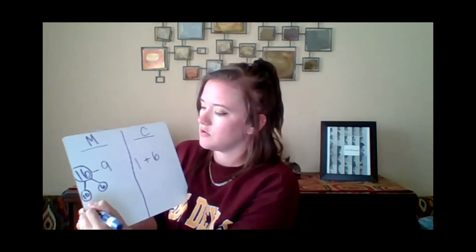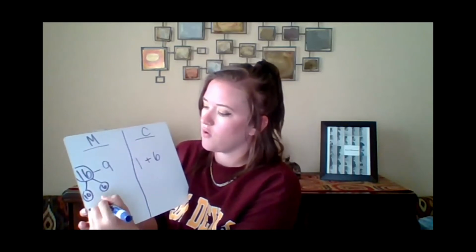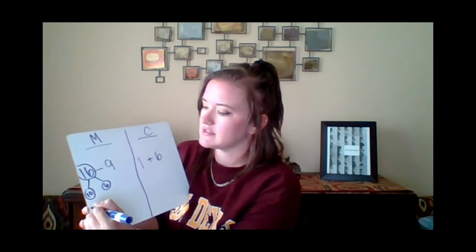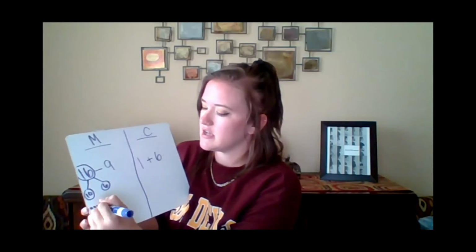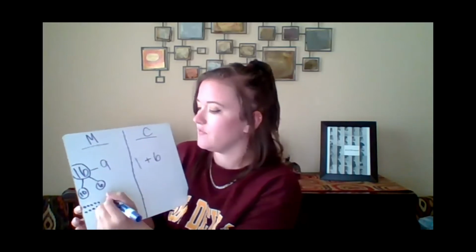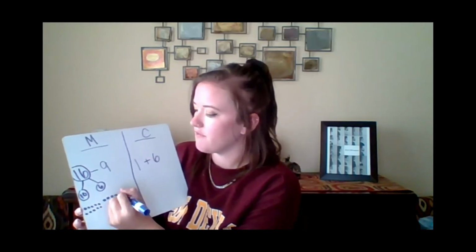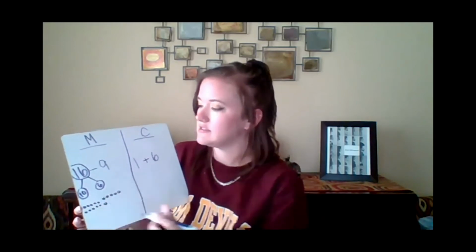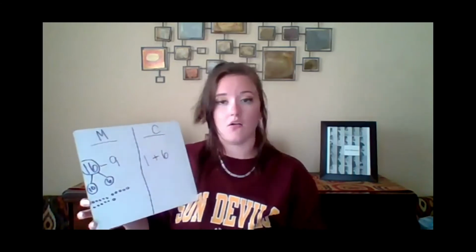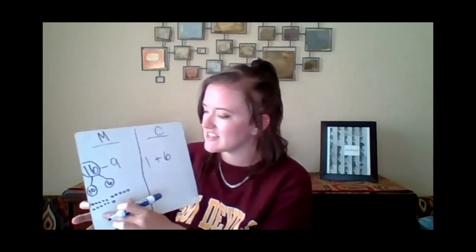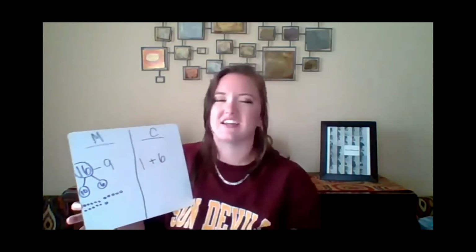1, 2, 3, 4, 5, 6, 7, 8, 9, 10. And then 1, 2, 3, 4, 5, 6. All right, so now we have our whole, which is 16, and he lost 9 of them.